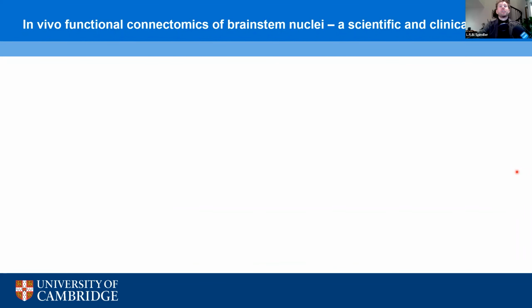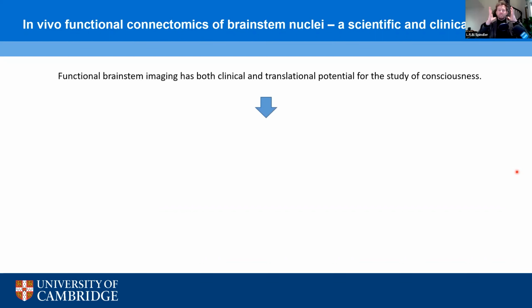So if I can just leave you with one central thought with all of this data and all of these considerations, it seems like functional brainstem imaging is a tool that might have clinical and translational potential. And it is unique because it can allow this translation of insights from preclinical animal studies into the clinical human realm.